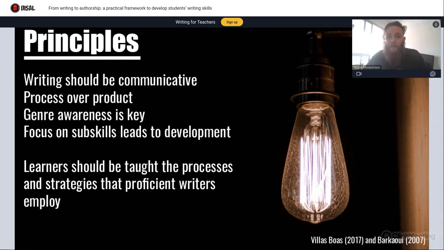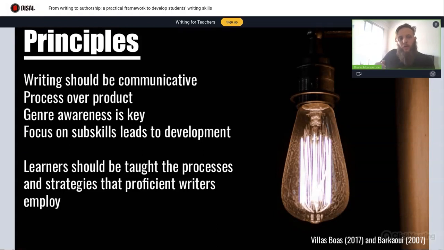Process over product. Isabella mentions that when dealing with the process genre approach, the process of writing is very important. It's the most important, but the product is also very important.